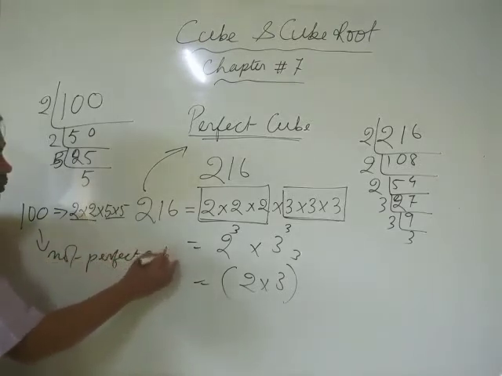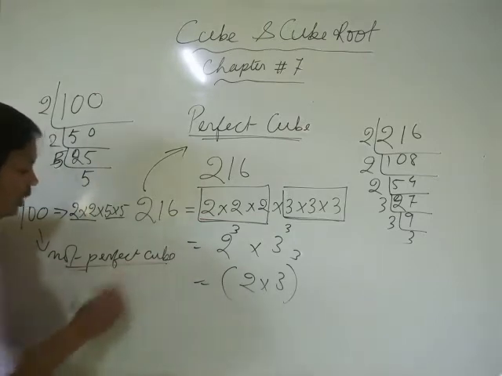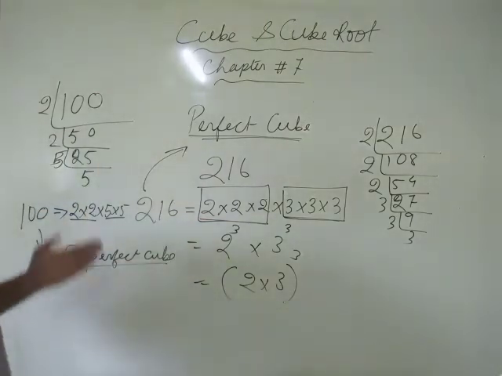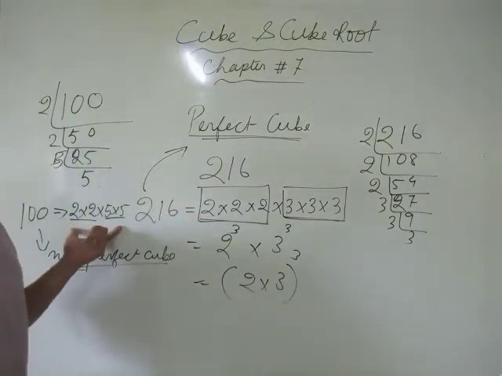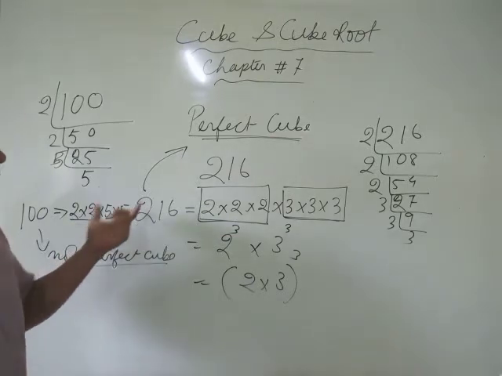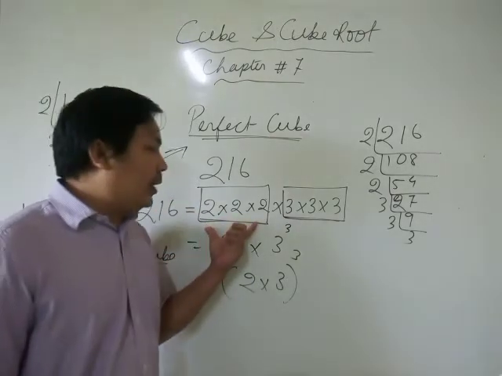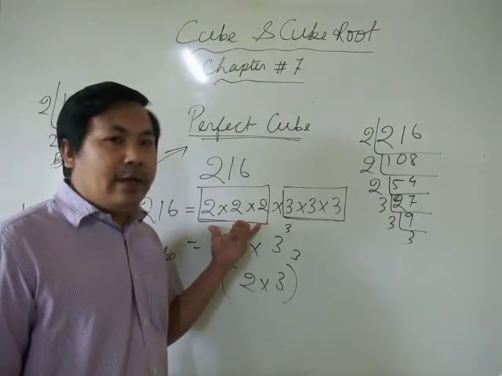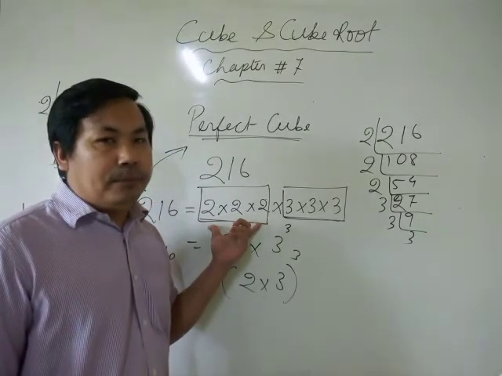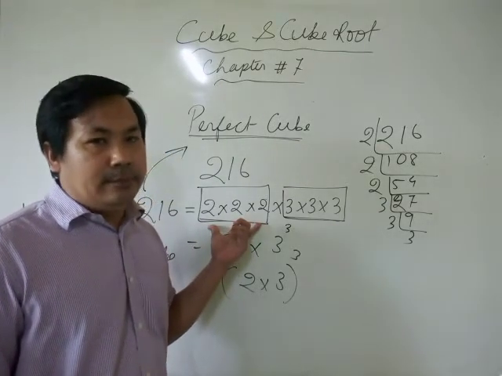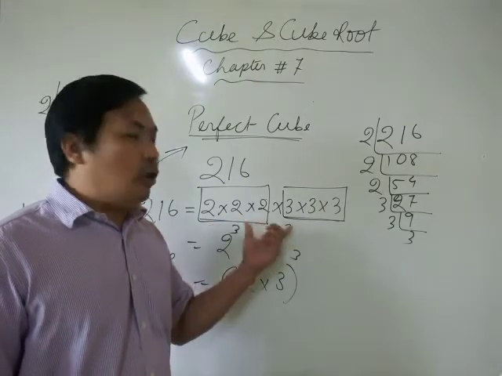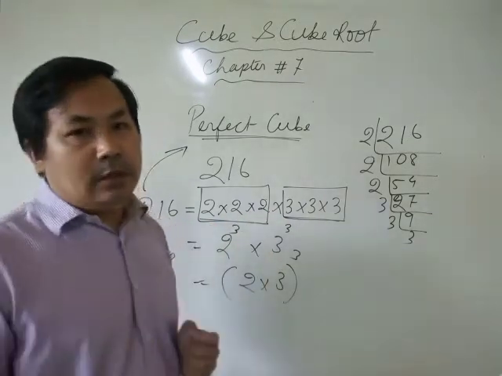We say it is not a cube number. Such a number, where the prime factors are not able to be paired in groups of 3, is not a perfect cube. But the number where the prime factors can be grouped in threes is called the perfect cube. So this is about the perfect cube.